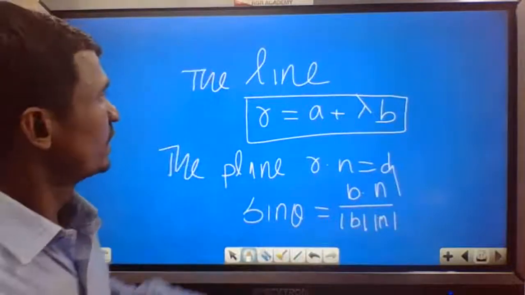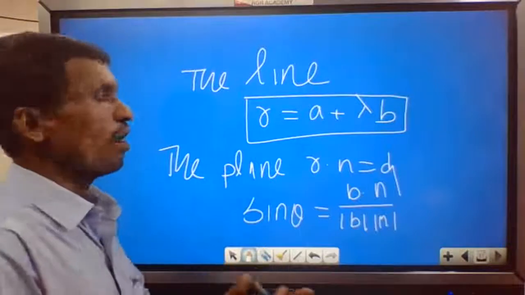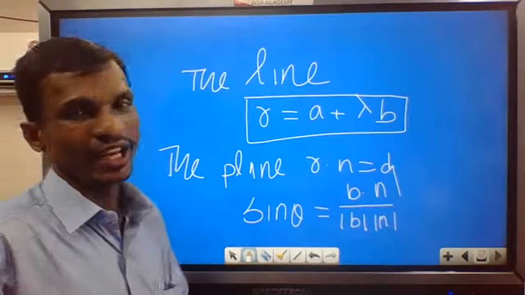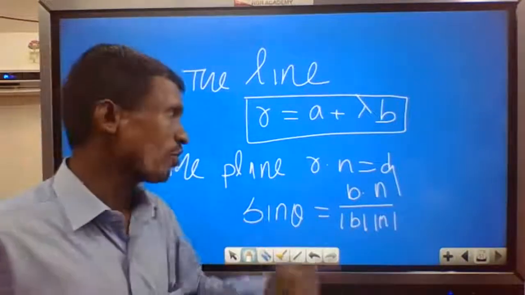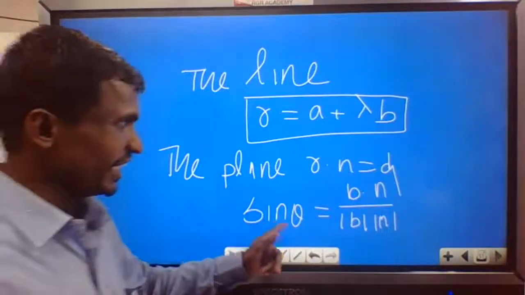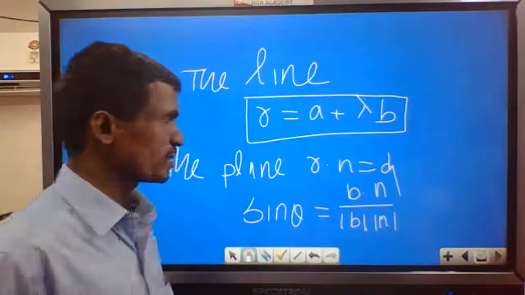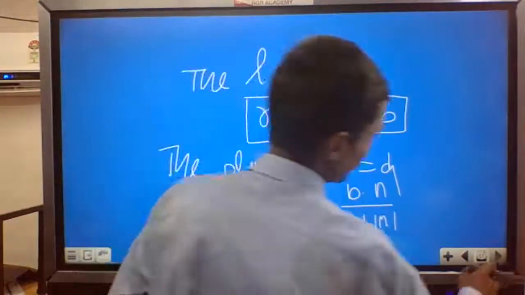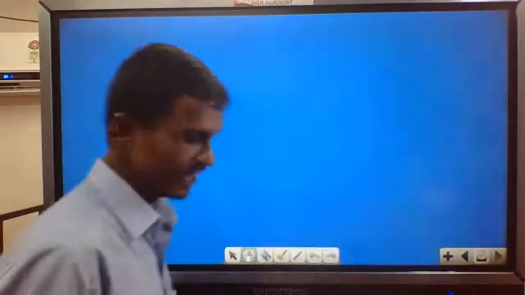Generally the line is written r equal to a plus lambda b, the plane is written r dot n equal to d, and sin theta is b dot n divided by modulus b into modulus n.